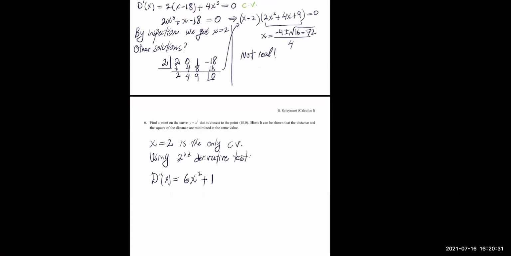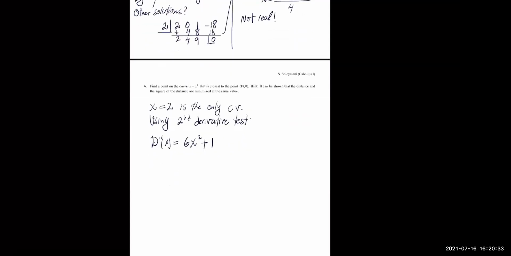And I don't need to go any further because this is a sum of 2 squares, well, not perfect, but a sum of 2 squares, and this thing is always positive. It doesn't matter what you plug in. I can plug 2 in. D double prime at the critical value is equal to 6 times 2 squared plus 1.